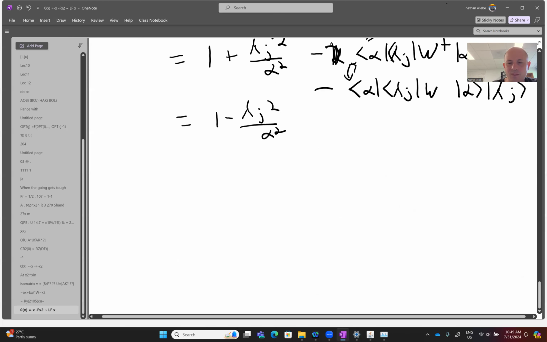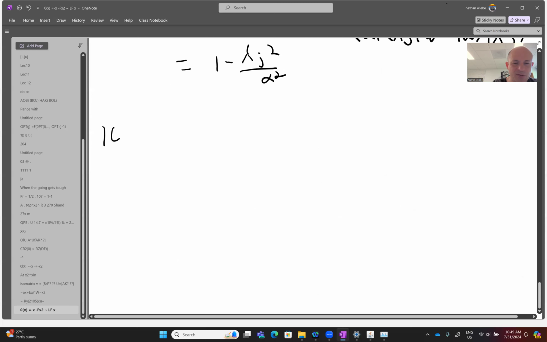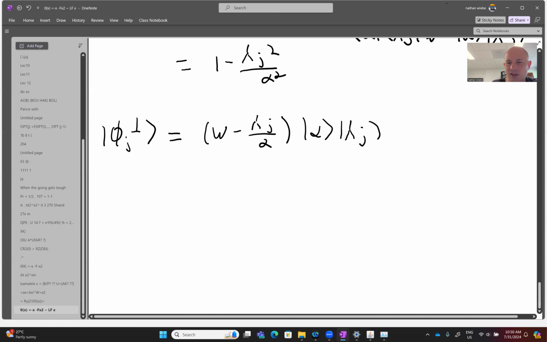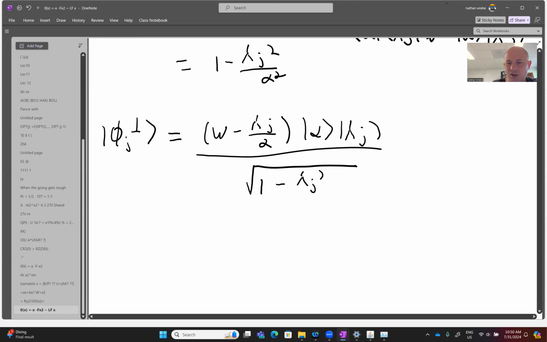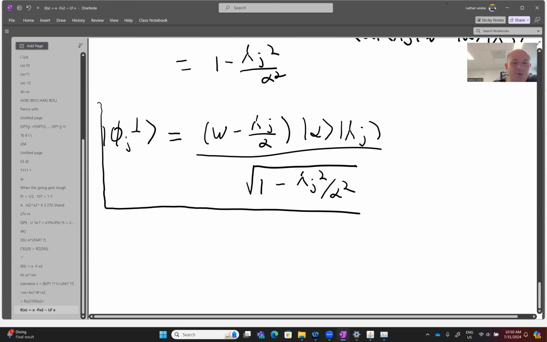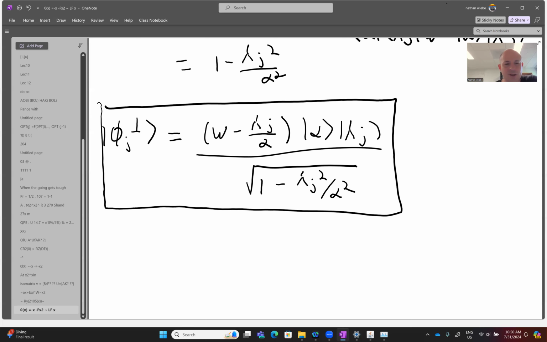And so from this, we can see that phi j perp is equal to W minus lambda j over alpha, acting on alpha lambda j, divided through by the square root of 1 minus lambda j squared over alpha squared. Okay, wonderful. So now we have an explicit expression for phi j perp using this matrix element that we computed.